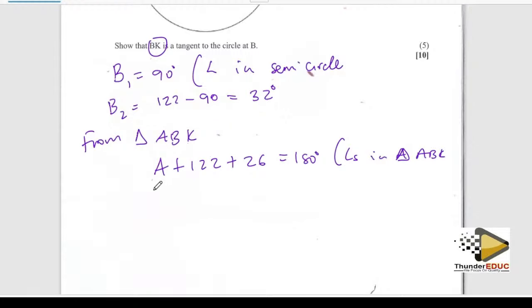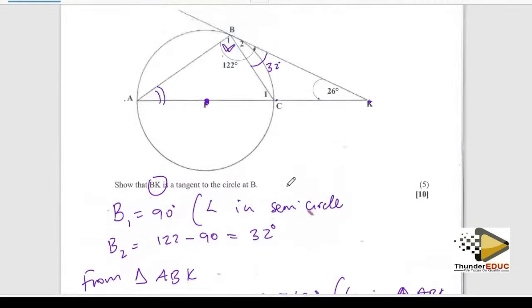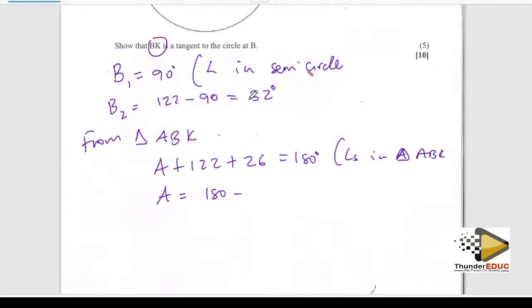So if that is true, then my A is going to be 180 minus, remember, I'm looking at this entire angle, so this triangle is what I'm focusing on. So what is 122 plus 26? That's going to be 148. So 180 minus 148, I'm getting a 32, perfect.